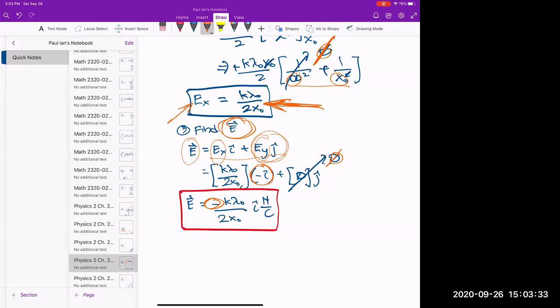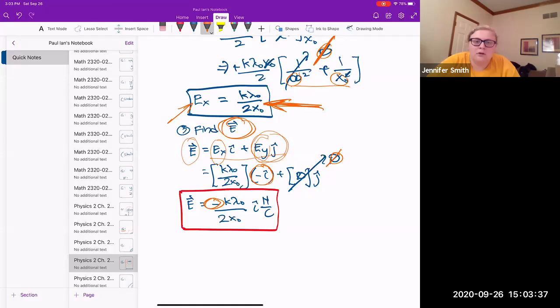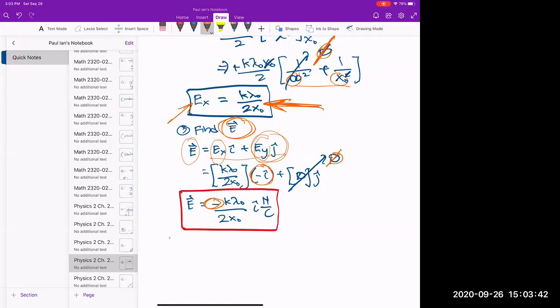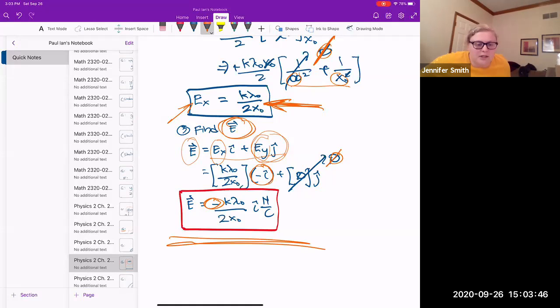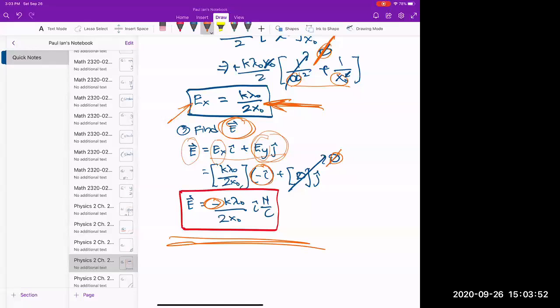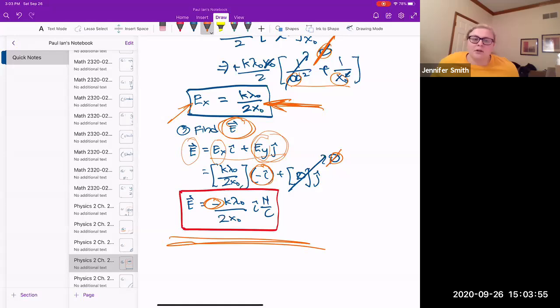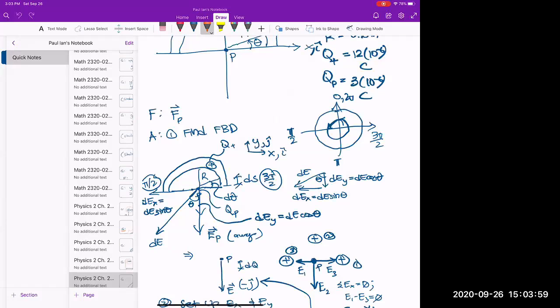If you didn't draw the free body, you're going to miss a negative sign somehow. Okay, that makes sense. Yep, so that's how you do that one. So is the electric field always going to go the other way when something's positive? Yes. Positive means away from that guy. Okay, that helps some too.